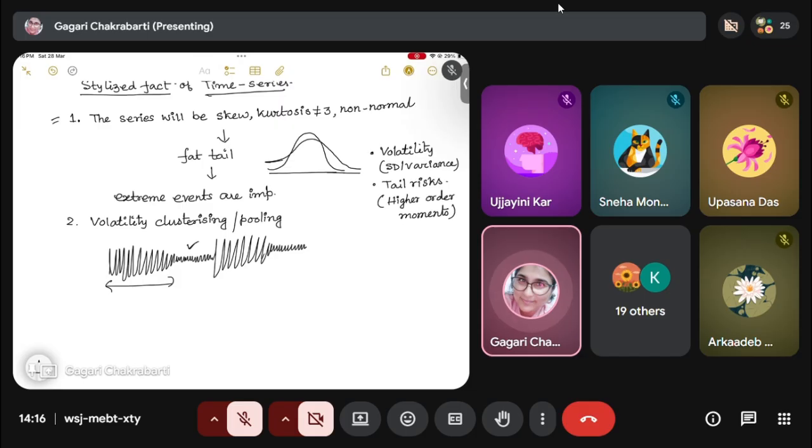Rather, you can go for Garch models or other types of models that can capture this type of stylized facts in the data.